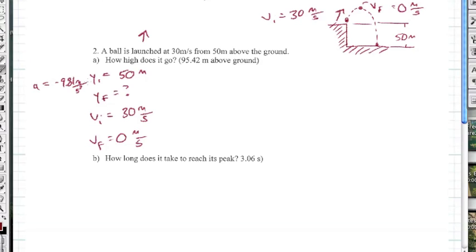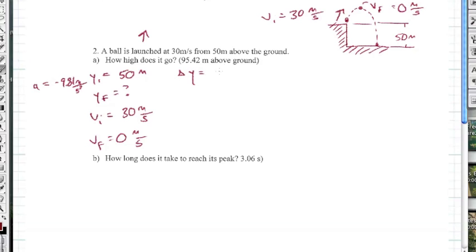Okay. So we're solving for YF because the question is, how high does it go? It doesn't ask you what the displacement is. It actually asks you what the value of the height is. So we want to possibly solve for delta y. Why is that?